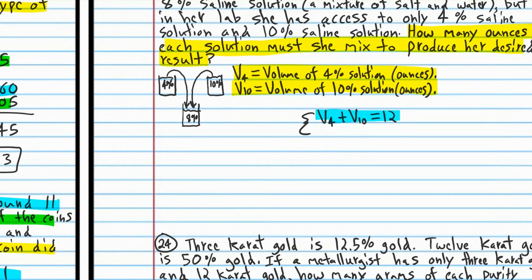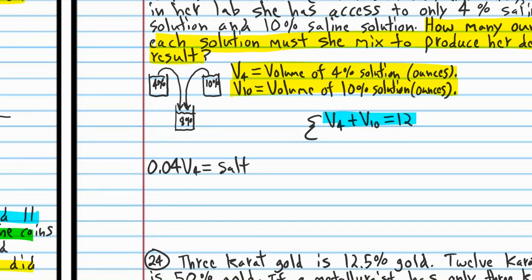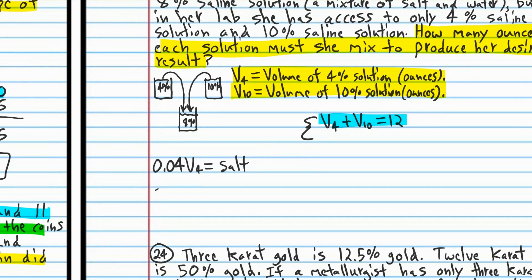What we're going to do is change 4% to a decimal, and then multiply it by V4, and that's going to give us the salt that's in the 4% solution. And then we're going to do the same thing for the 10% solution. That's going to give us the salt from the 10% solution.